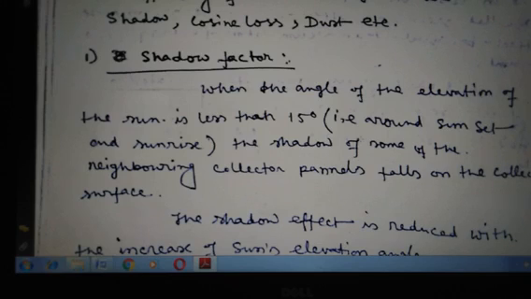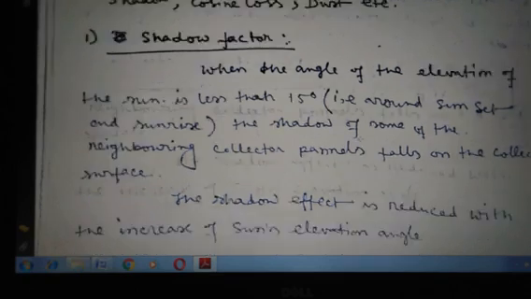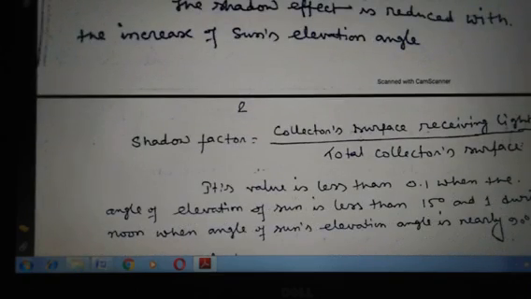The shadow effect is reduced with the increase of the sun's elevation angle. So the shadow factor is the ratio of collector surface receiving light to the total collector surface. Its value is less than 1 when the angle of elevation of the sun is less than 15 degrees, and 1 during noon when the sun's elevation angle is nearly 90 degrees.